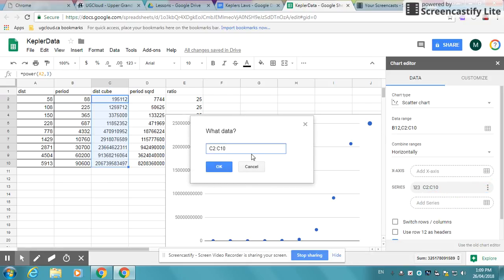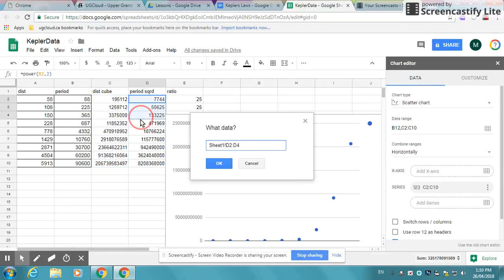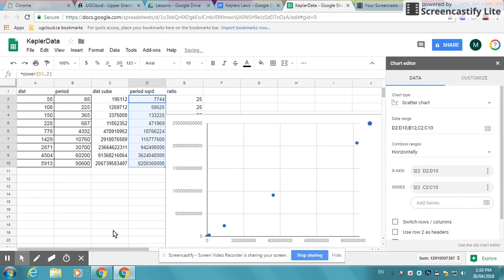C2 to C10 is the series, okay? That's correct, but the x-axis went blank. It's something that's a flaw in Google Sheets. You've got to do the x-axis at the end, the series first. So I definitely want the period, the time on the horizontal. And click OK. Look at that.